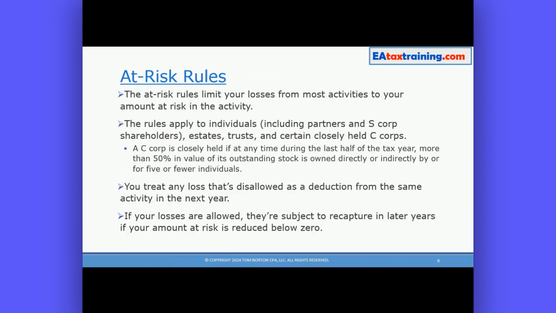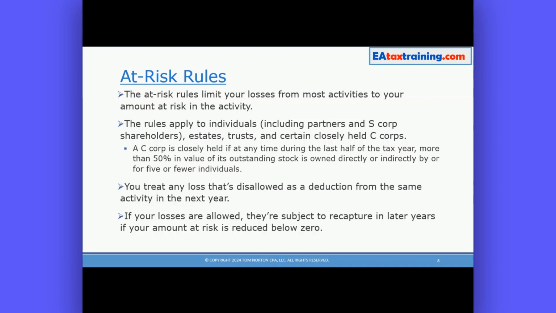So you can only take losses for tax purposes to the extent that you have some type of money or property at risk, either money or property that you have already invested, or money or property that you could lose, for instance, if there's a loan that is not paid back. So you have to have money or property that you could lose if this business does not work out. You can only deduct your losses to the extent that you have that money at risk.